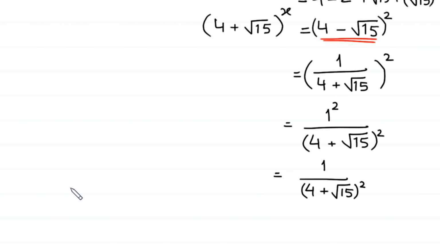Next, according to the rule of exponents, 1 over a to the power n is equal to a to the power negative n.